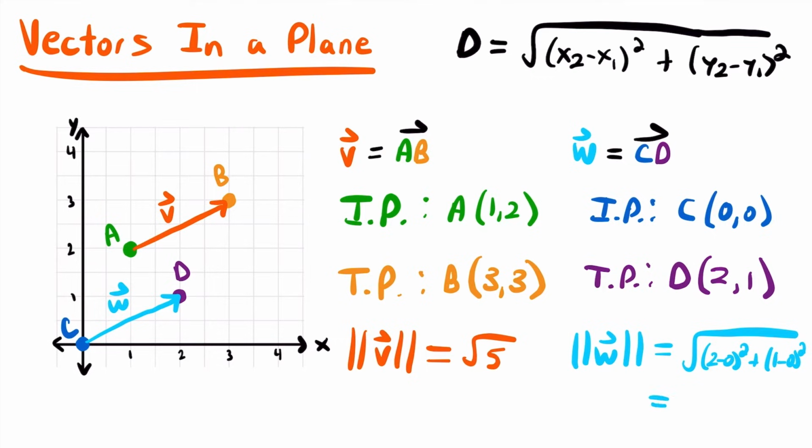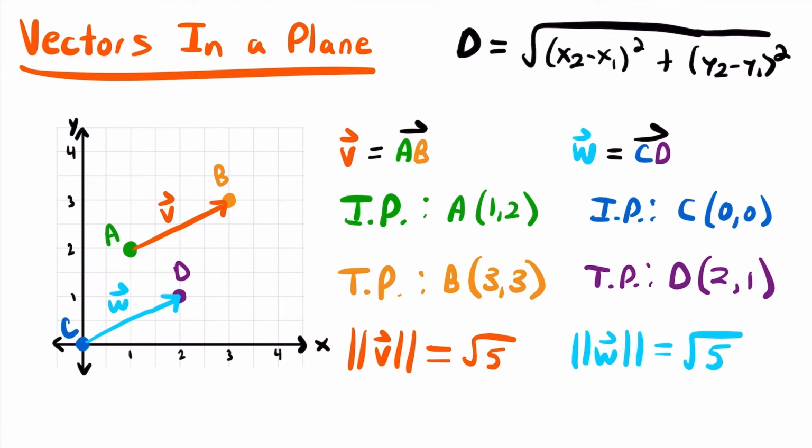Now this will just simplify to the square root of 2 squared plus 1 squared, which looks pretty familiar, right? That's the same result we had for this vector. 2 squared is 4, 1 squared is 1, 4 plus 1 is 5. So the magnitude, or the length, of vector w is also the square root of 5.